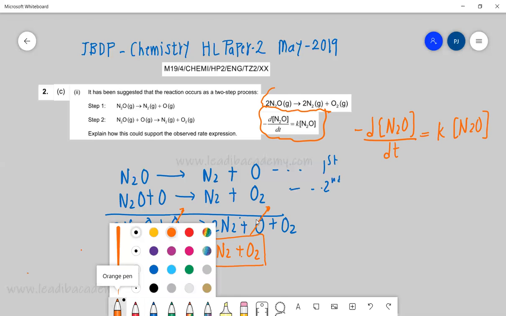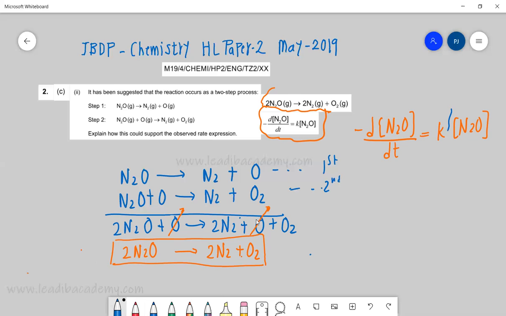If you observe very clearly, there is only one molecule whose concentration is impacting the rate of reaction, and that is N2O. In the second step there are two reactants, N2O and oxygen, while in the first step there is only N2O alone. So we can clearly imply that the first step is the RDS, the rate determining step.